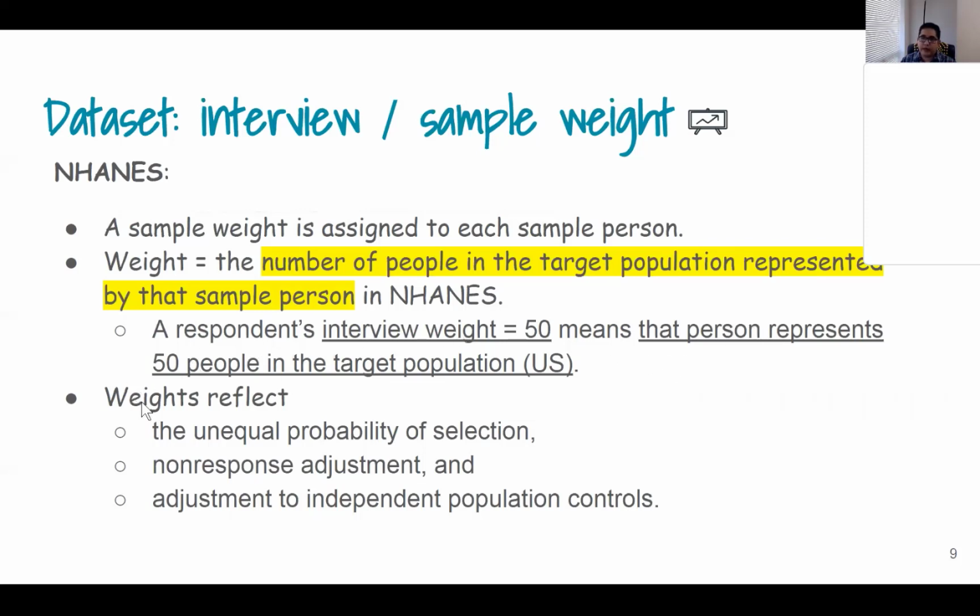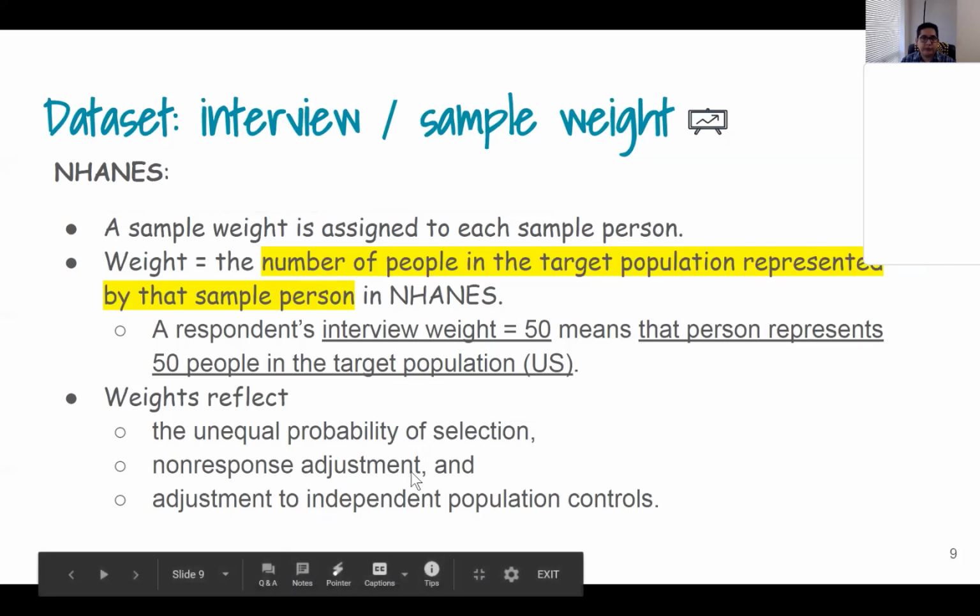And the calculation of this weight in simple random sampling is very easy. It is 1 divided by the probability of getting selected. But in our case, when we are dealing with a complex survey, we have a lot of different components and formulas that help us create these weights. Some of these components are unequal probability of selection, non-response adjustment, because there will be some non-response.